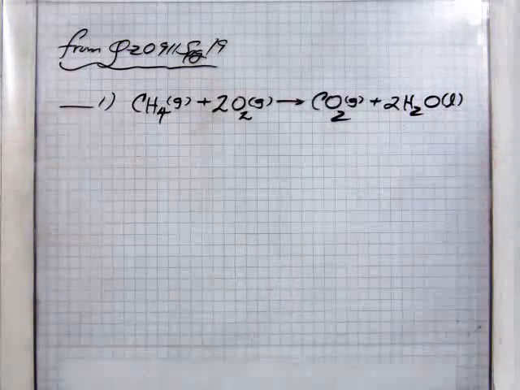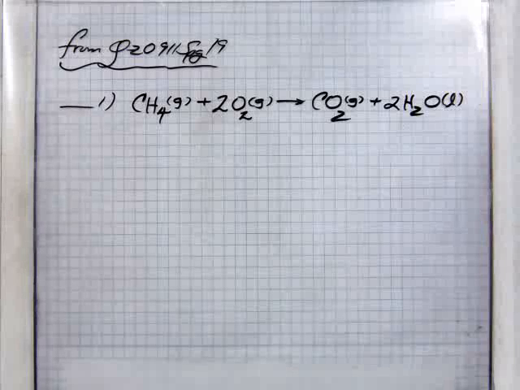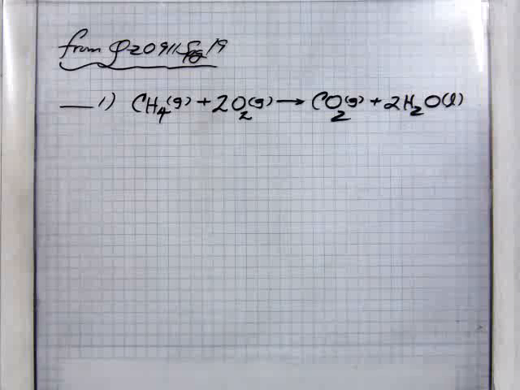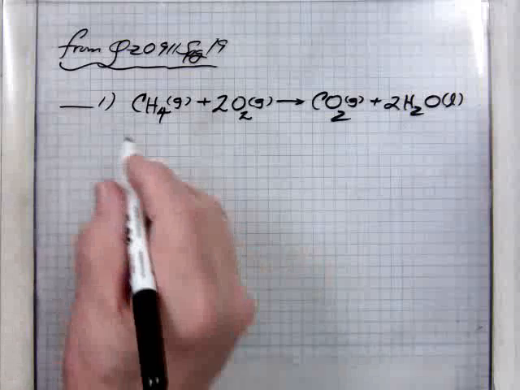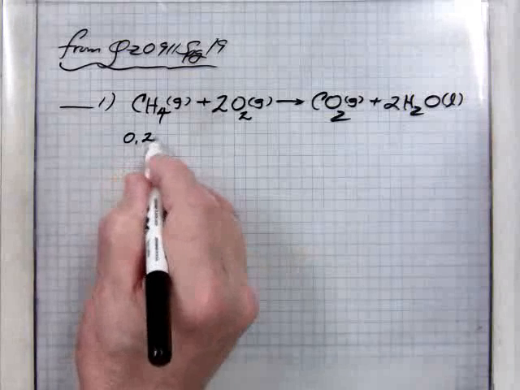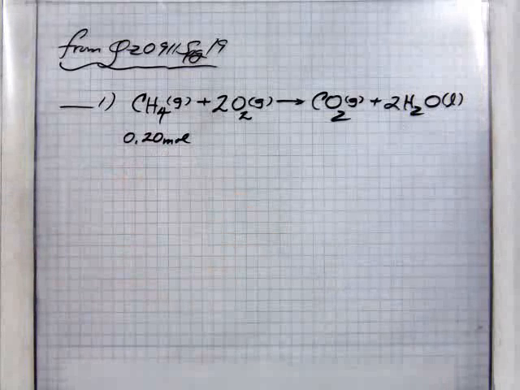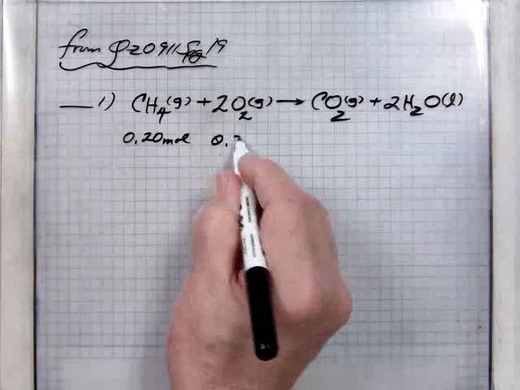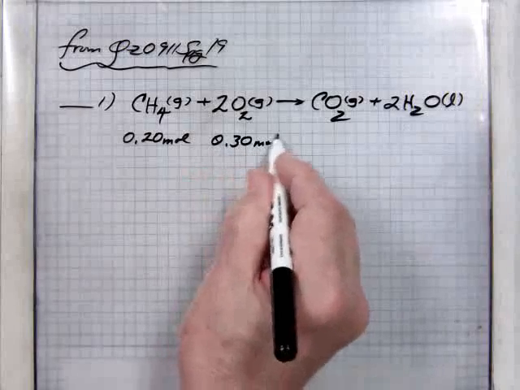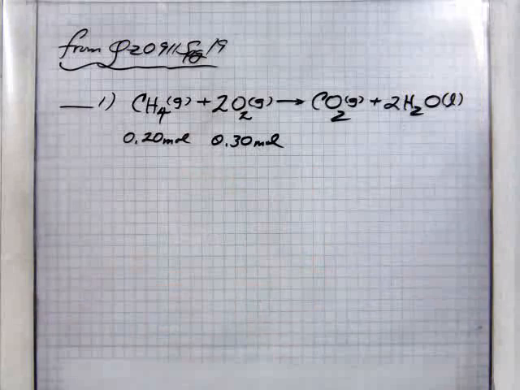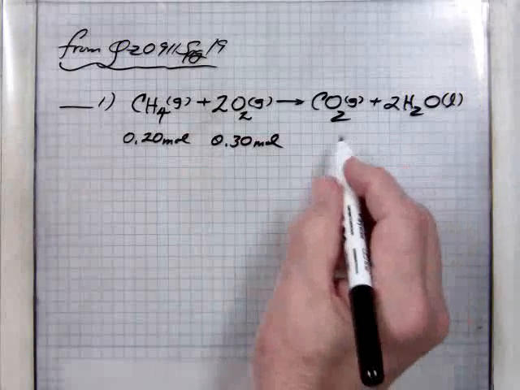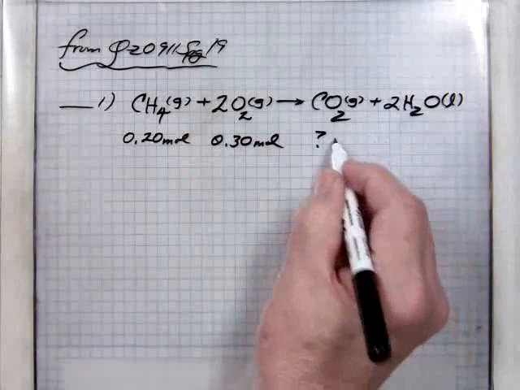I call it new water in the context if it's in a solution. So, what is the theoretical yield of CO2 if 0.20 mole of methane is mixed with 0.30 mole of oxygen? And so we're looking at the theoretical yield in moles.